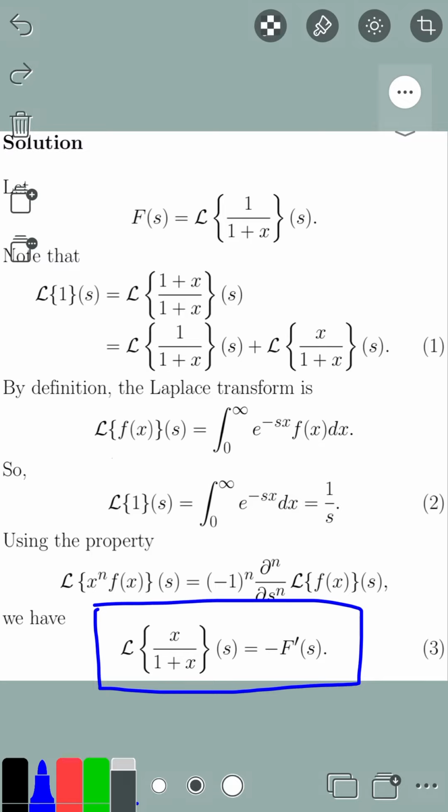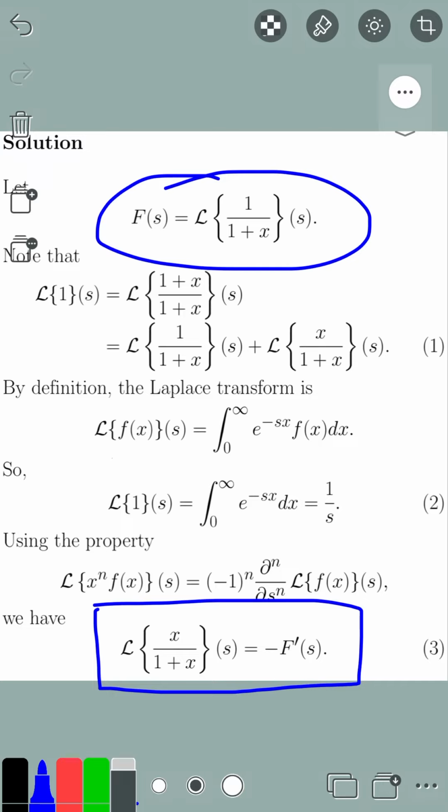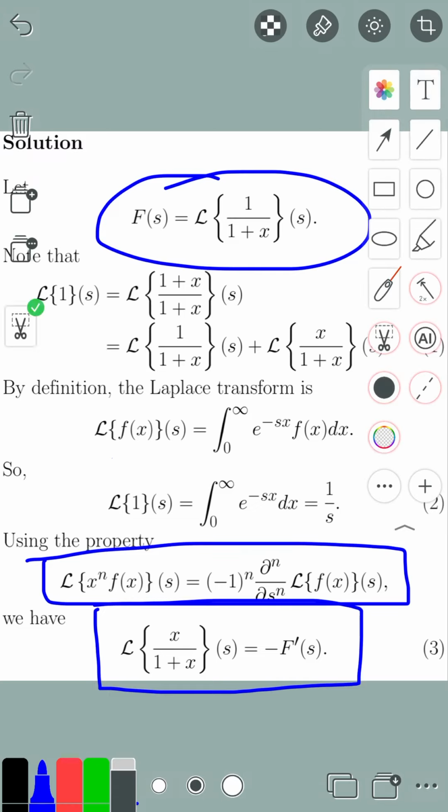So it's x to the first power, so it's negative 1 to the first power, which is negative 1, times the first derivative. So we have F prime of s here, because F(s) is the Laplace transform of 1 over 1 plus x. Then we just apply this property. I'm going to move to the next slide.